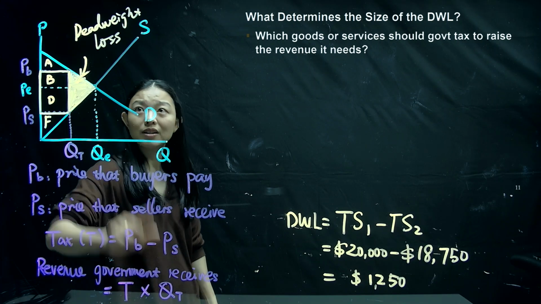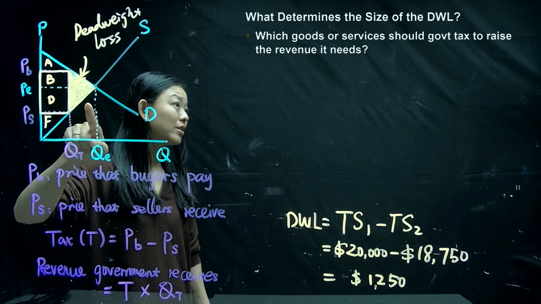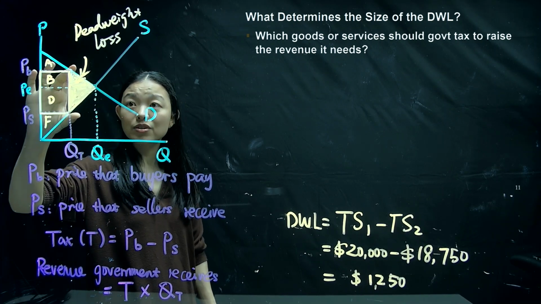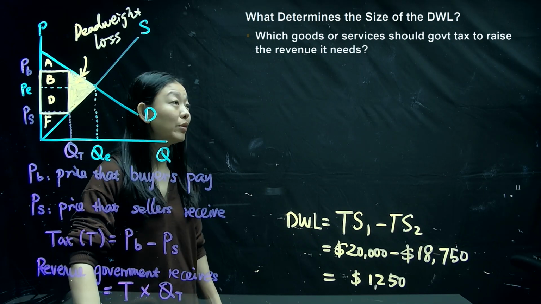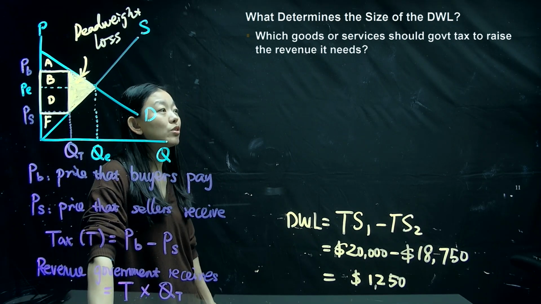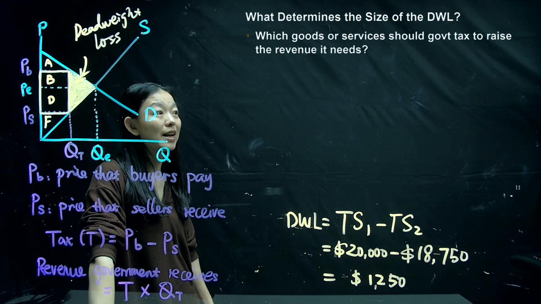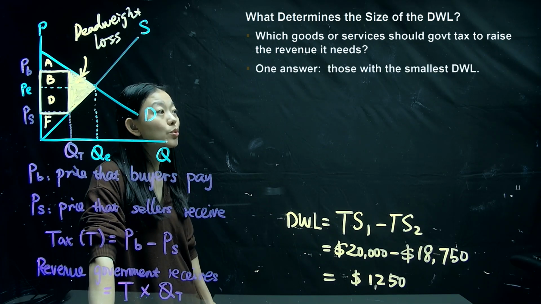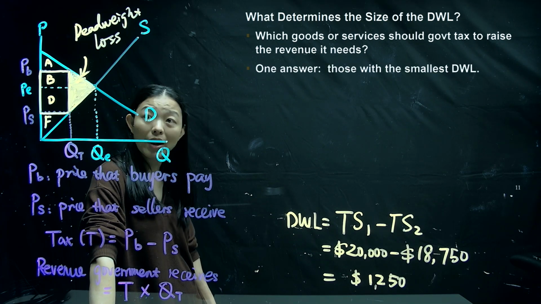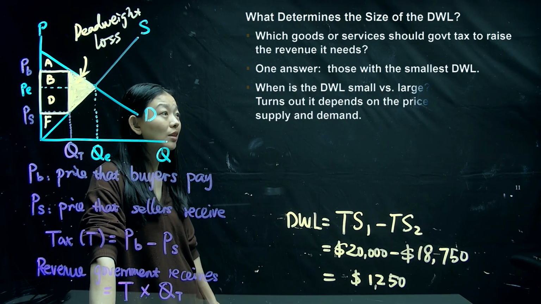You can think about it. This deadweight loss cannot be recovered. So after government imposing tax, this part will be lost forever. Therefore, the government will try to tax the goods or services with the lowest deadweight loss. Those with the smallest deadweight loss should be the ones that the government can impose the tax on.